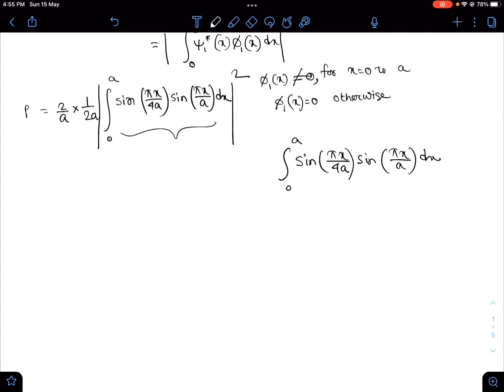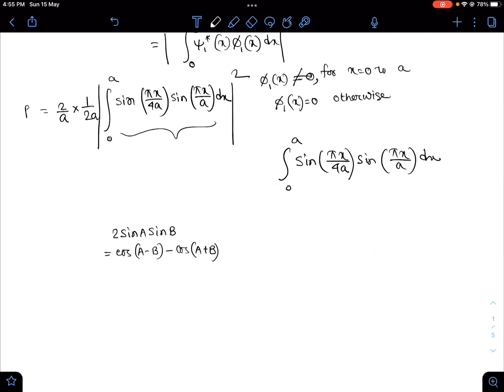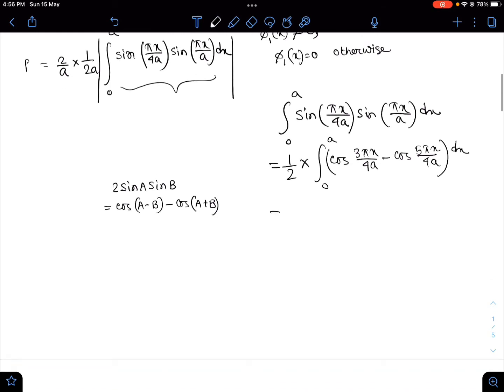We know this formula, that 2 sin a sin b is cos of a minus b minus cos of a plus b. So we can write this as integral from 0 to a of cos 3 pi x by 4a minus cos 5 pi x by 4a, and let us do that.